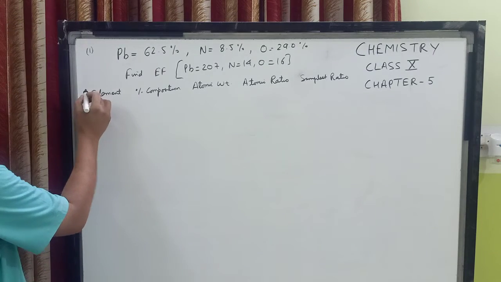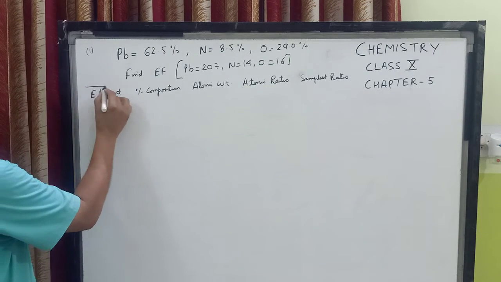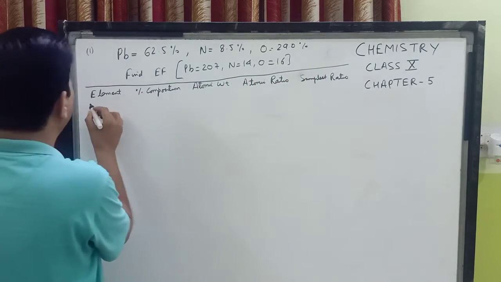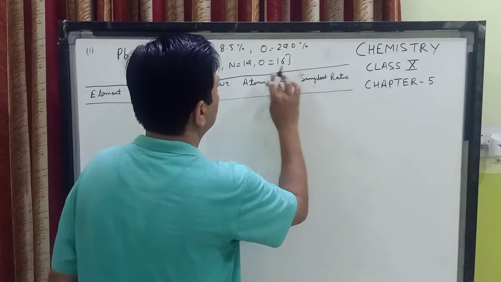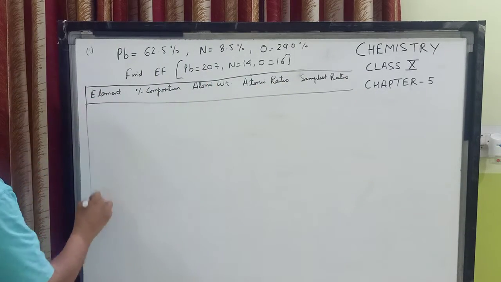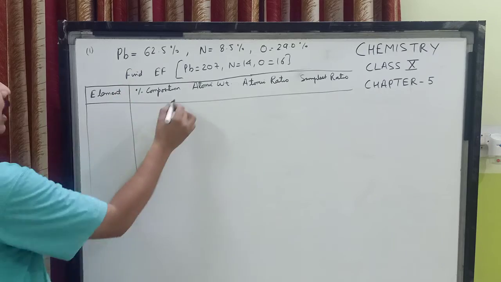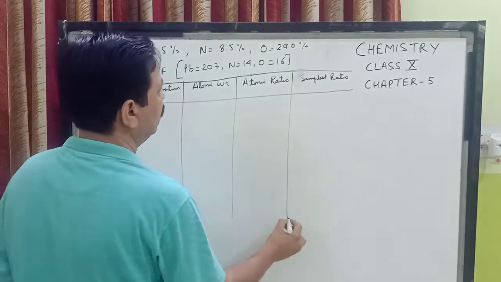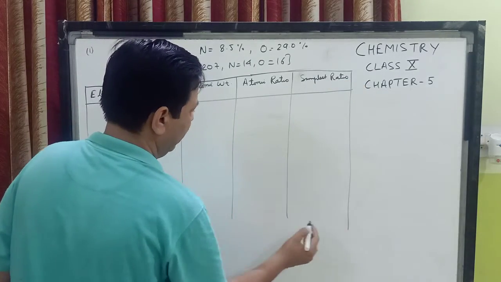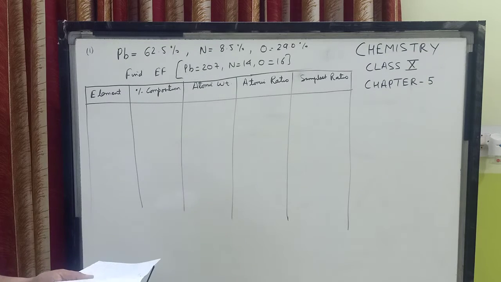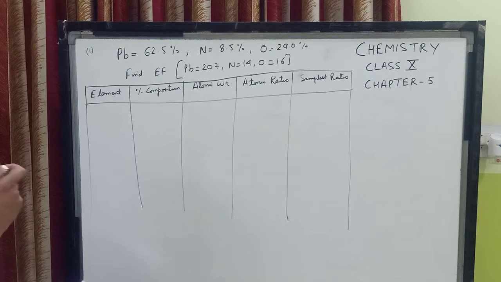So we make this chart: element, percentage composition, atomic weight, atomic ratio. We have to make it neat and tidy. Once we have made this chart, we start filling up the values.